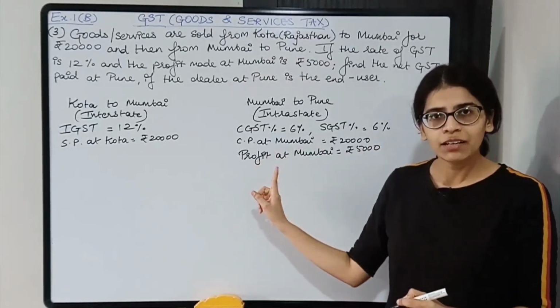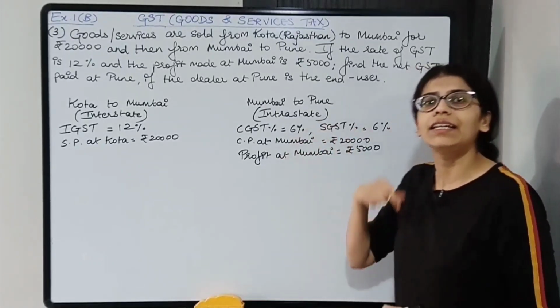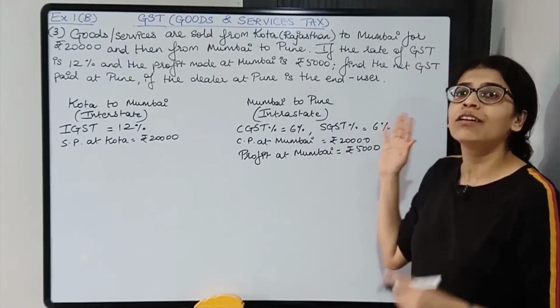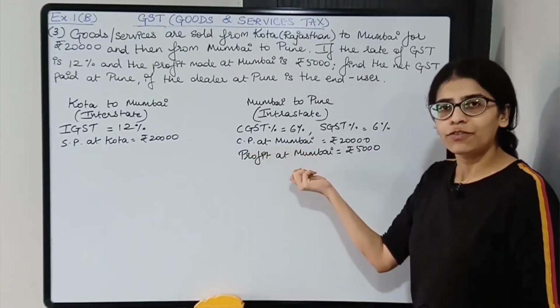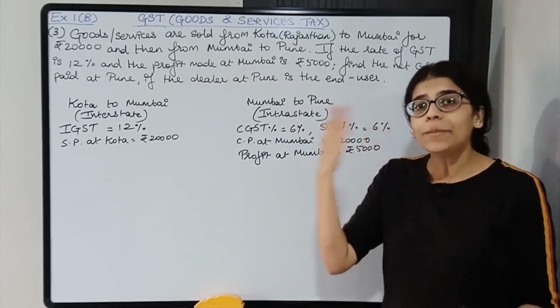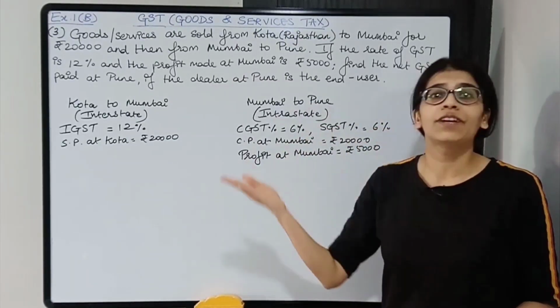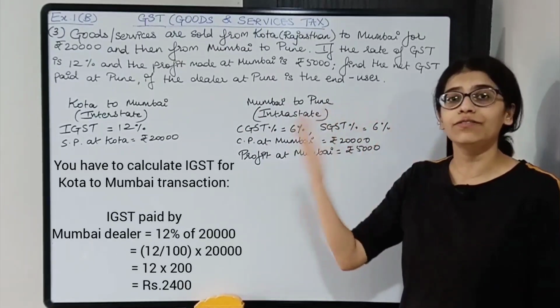So the Mumbai dealer bought it for 20,000 and then he is selling to the Pune dealer for a higher price. He bought it for 20,000. How much profit did he keep? 5,000. So 20 plus 5 will give 25,000. So the Mumbai dealer is selling it to the Pune dealer for 25,000.